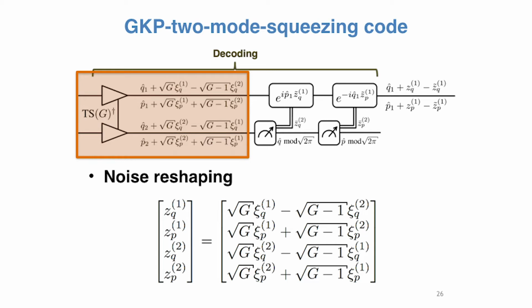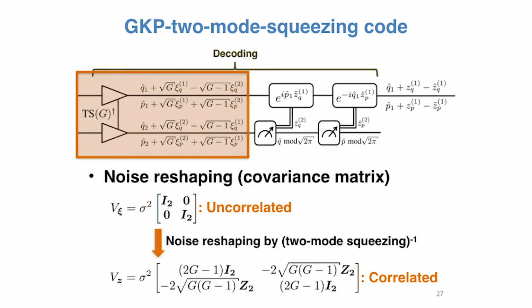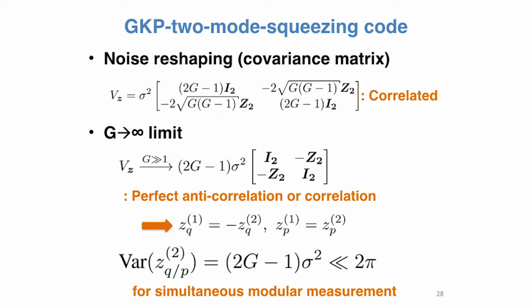What we gain from this 2-mode squeezing is that we started with some uncorrelated independent noise, and what the 2-mode squeezing is doing is it converts uncorrelated noise into something very much correlated. Especially when we have an infinitely strong 2-mode squeezing, in this infinite squeezing limit, we have perfect correlation or perfect anti-correlation.